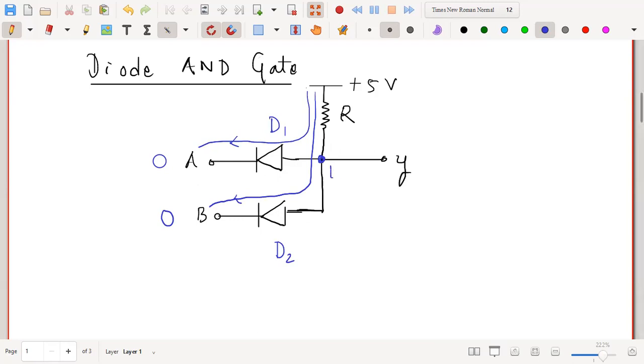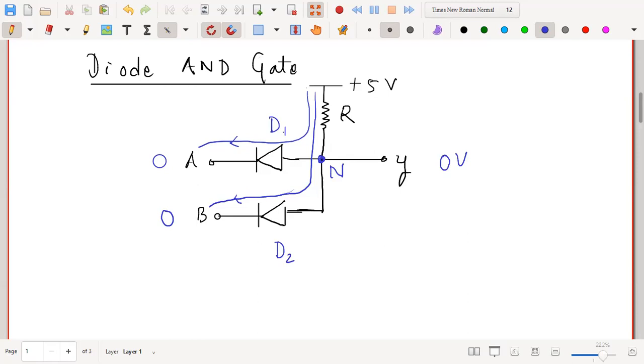Let me call this point N. Since the current is flowing through both the diodes, the point N will go to ground potential, that means 0 volt. That means the output will also be 0, because the output Y is connected to this point N. Okay, so this is the condition when both are 0, 0.